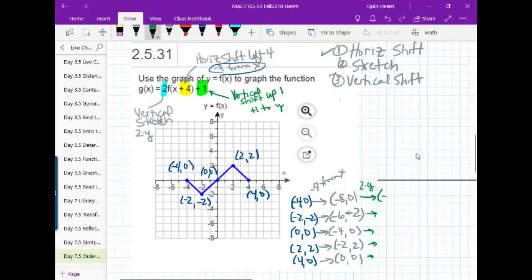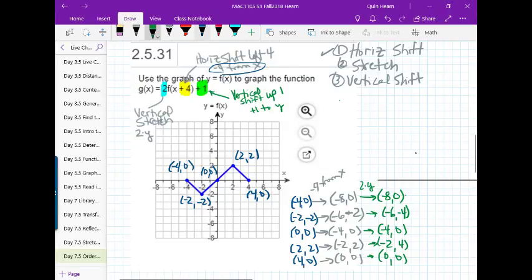Okay, so that's going to be (-8, 0), (-6, -4), (-4, 0), (-2, 4), and (0, 0). And then the last thing we're going to do is we're going to do a vertical shift up 1 unit, adding 1 to every y.